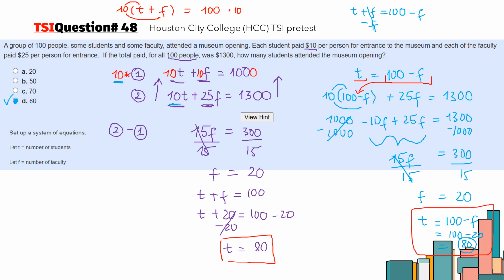But in this question, I feel like if we do the elimination method, it's kind of easier, I thought, for this specific question. And this one is called substitution.